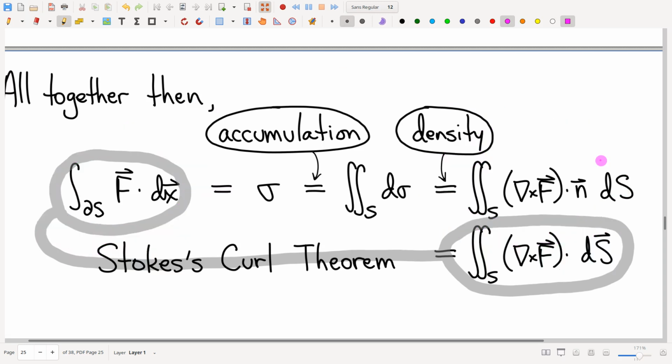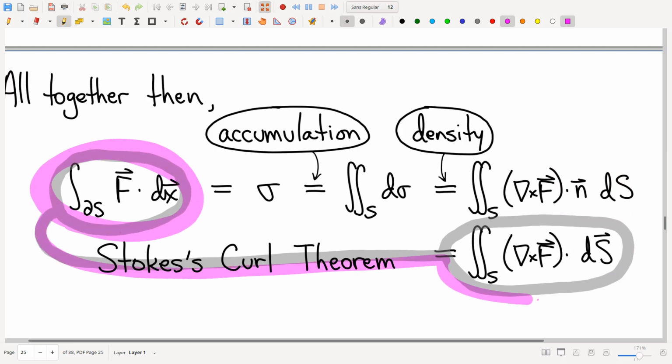Now, real quick, hop, skip, and a jump. Don't forget we've already made this little notational shorthand, but I actually think this is better than that. Our oriented unit normal times our dS scalar, we've previously rewritten as the dS vector, and I think this is an important distinction that allows us to rewrite our theorem like this.